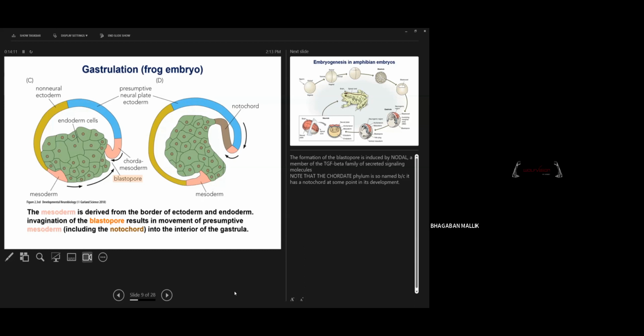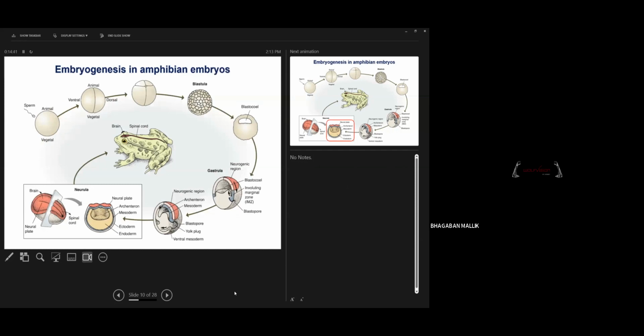There is a specific region in the embryo called the dorsal lip, where you have invagination into the embryo, and that forms the mesoderm. I just want to highlight that mesoderm invaginates from this specific region called the dorsal blastopore lip.